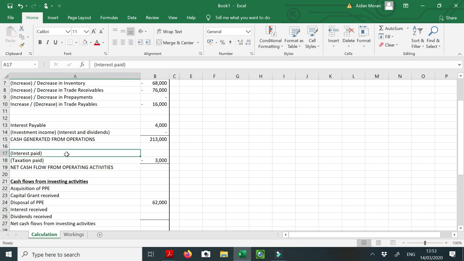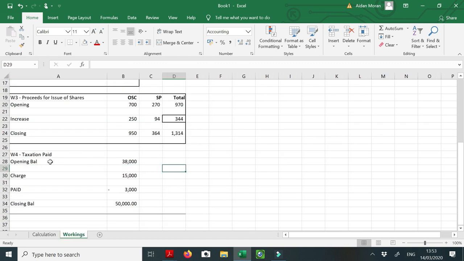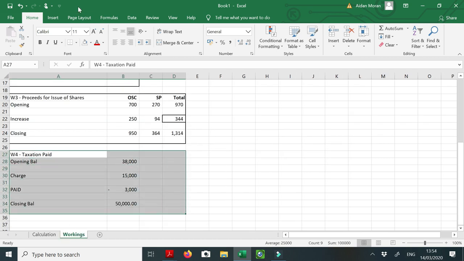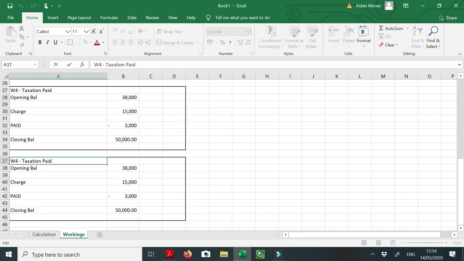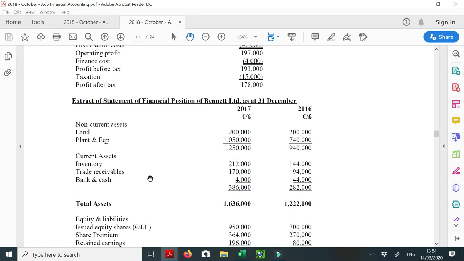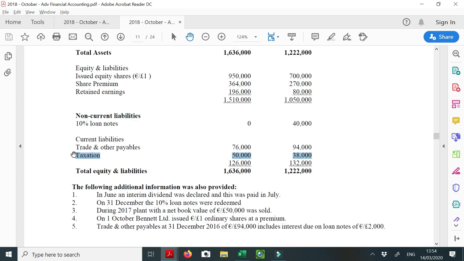Interest paid, I will do the exact same working, except instead of calling it tax paid, I'm going to call it interest paid. So I'm just going to copy and paste it down. So I'm going to note working 5, and it's going to be interest paid. And my opening balance that I owed at the start of the year was, looking at my current liabilities, 0.